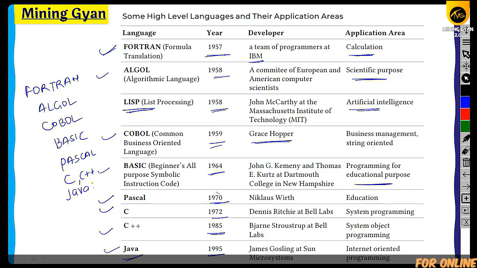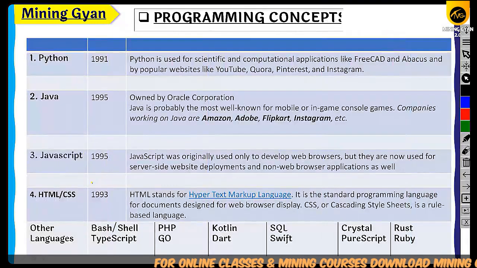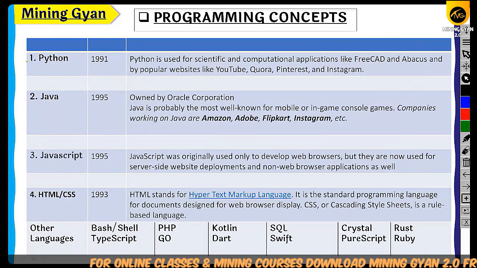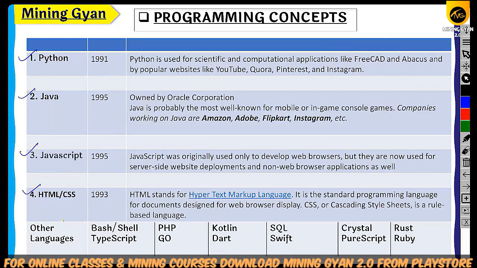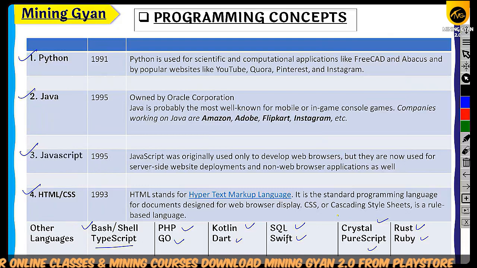Similarly, JavaScript and HTML are also popular. Other popular programming languages include Bash or Shell, TypeScript, PHP, Go, Kotlin, Dart, SQL, Swift, Crystal, PureScript, Rust, Ruby. These are all modern day high level programming languages.